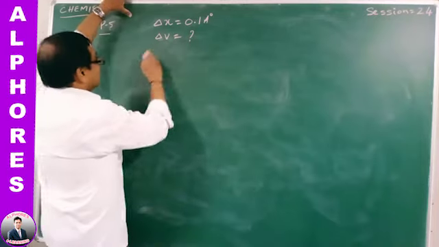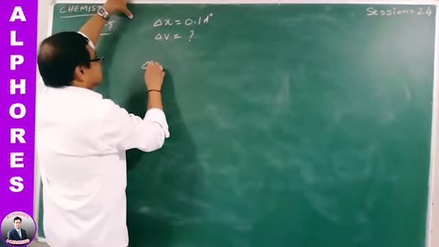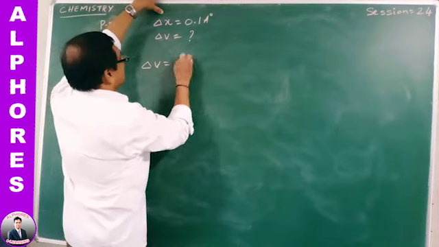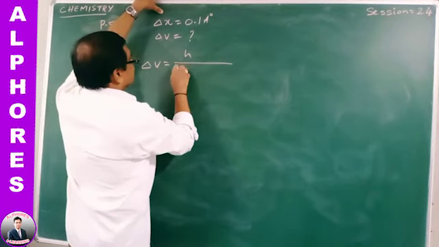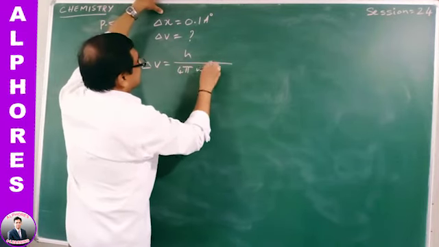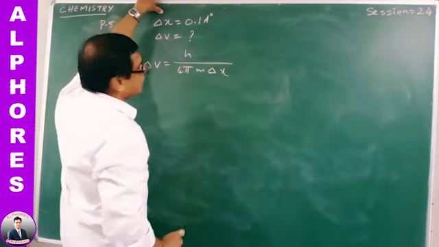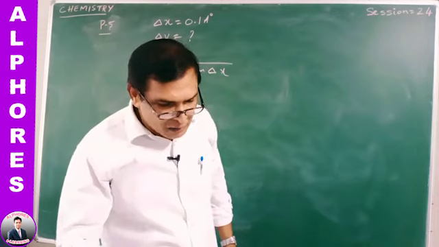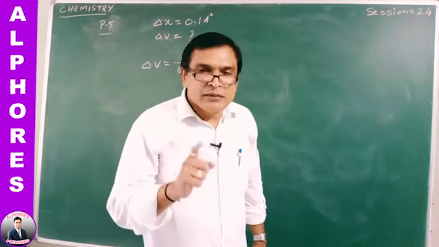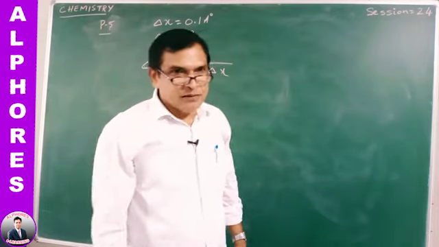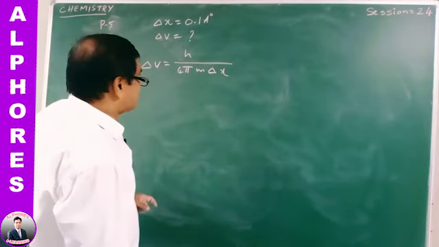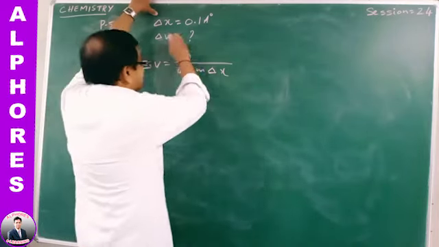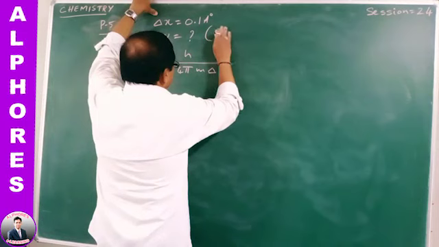Now delta v is equal to h by 4 pi m delta x. The options for this problem are given in SI units, meters per second, so we calculate delta v in meters per second.